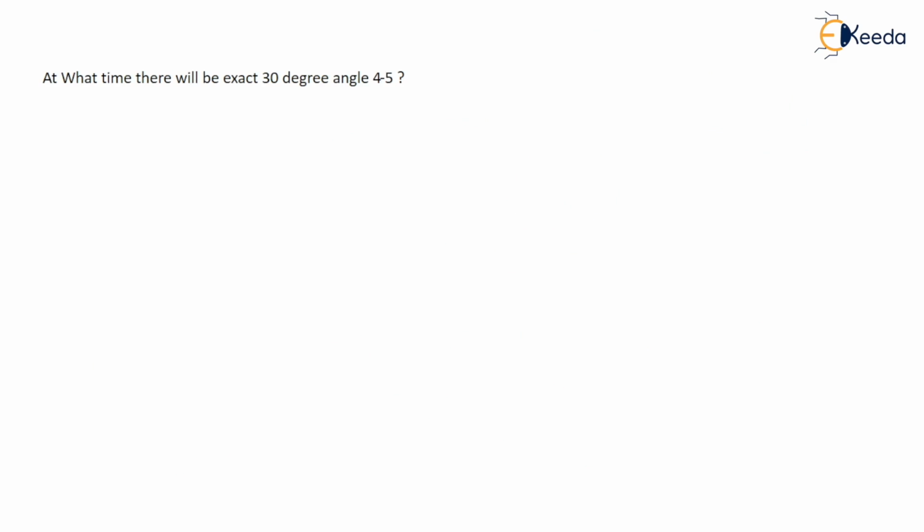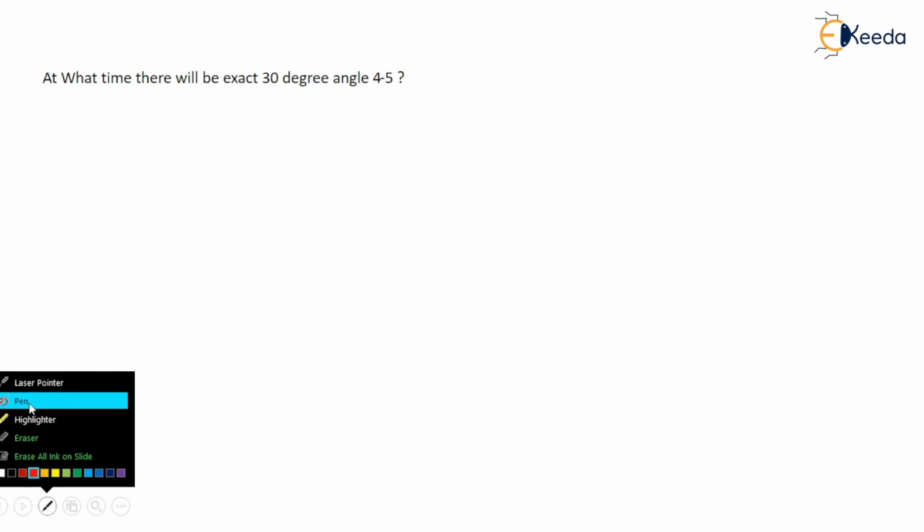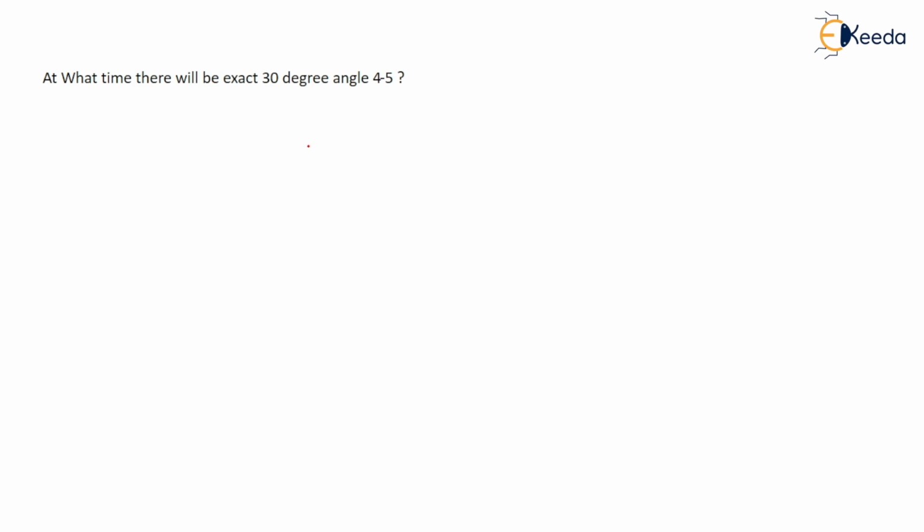This is the question: at what time will there be an exact 30-degree angle between 4 and 5? Okay, 30-degree angle. 4, as I told you, is 120 degrees. So in the first case you can subtract, because 0 degrees appears only one time, right?